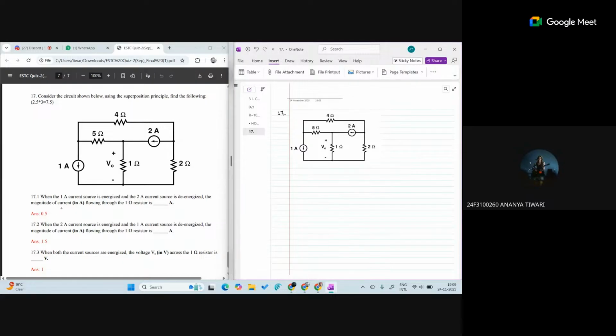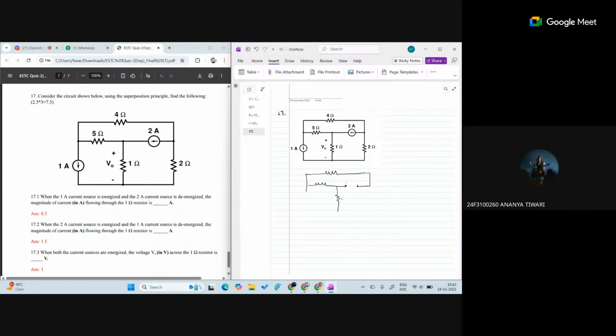So first we have to do it when the first 1 ampere current source is energized, meaning this would be energized and this would be de-energized. So let's do this. This is 4, this is 5 ohm, and this will get open circuit, right?